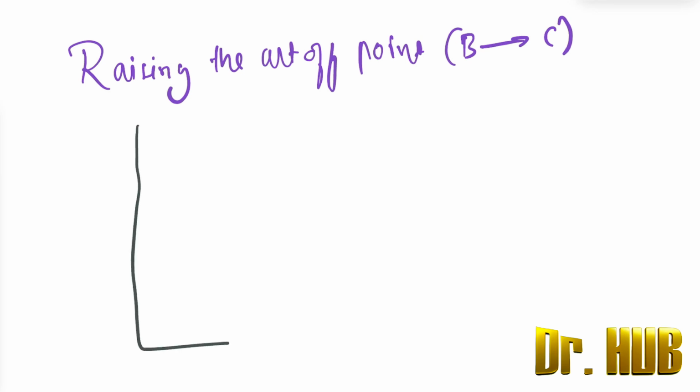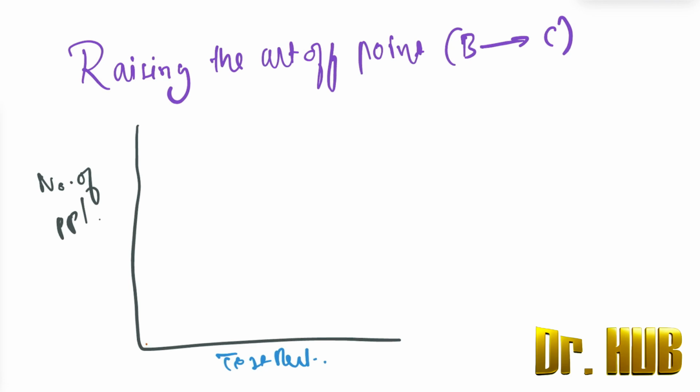Now let's look at raising the cutoff point from B to C. On the y-axis there is going to be the number of people, and here we are going to look at the test results.